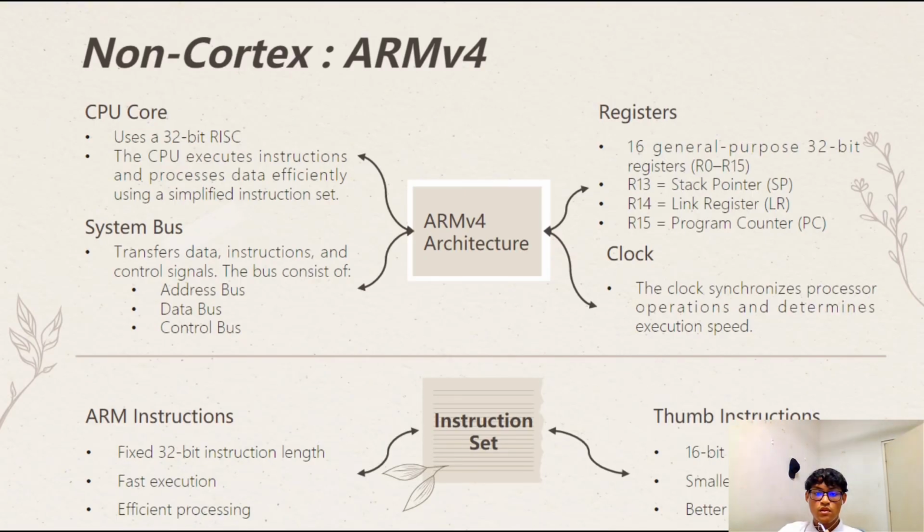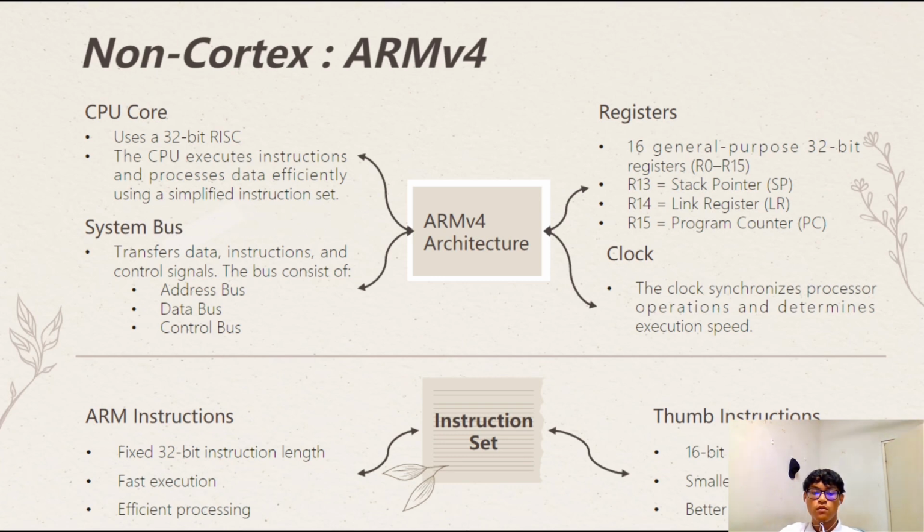For the computer architecture part, we will start with Non-Cortex ARMv4. ARMv4 architecture. For the CPU core, it uses a 32-bit RISC, which means the CPU will execute instructions and process data efficiently using a simplified instruction set.